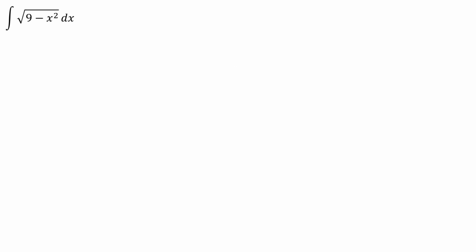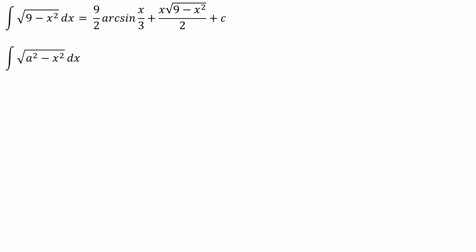If that's our integral, and we know that's how it works out numerically, we can say, in general, a squared minus x squared, that's what it's going to be. Now again, that is one of the 3 types of integrals where we attempted to use trig substitution.